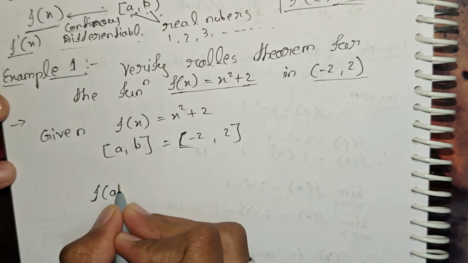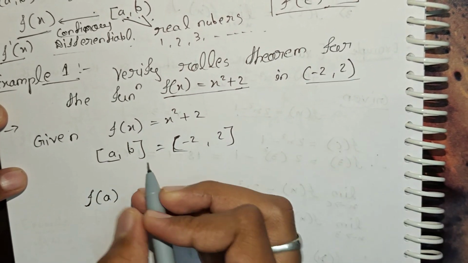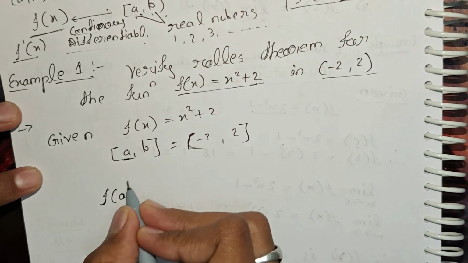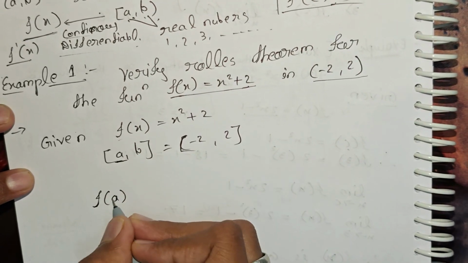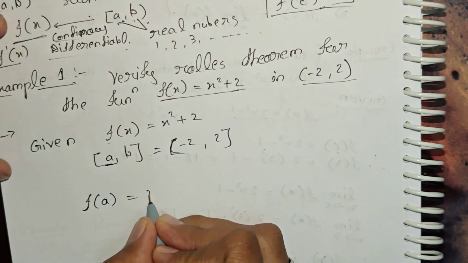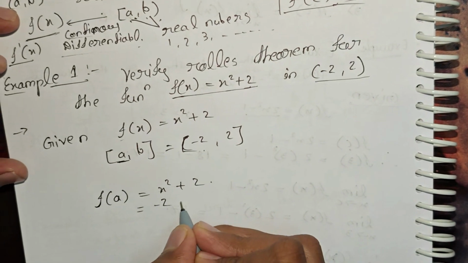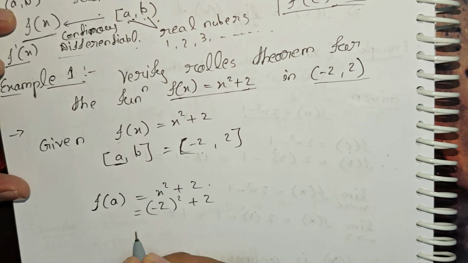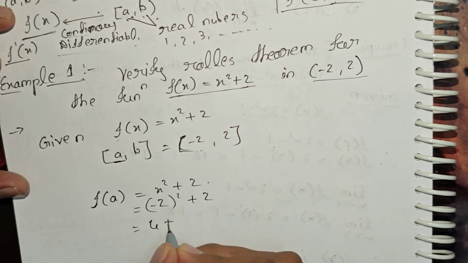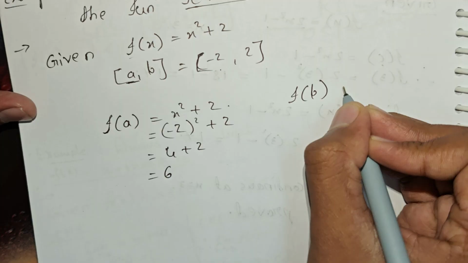First we have to find f of a, replacing x with a in f of x. Our equation is x square plus 2, and the value of a is minus 2. So minus 2 square plus 2 is 4 plus 2, that is 6. f of a is 6, and the same for f of b.